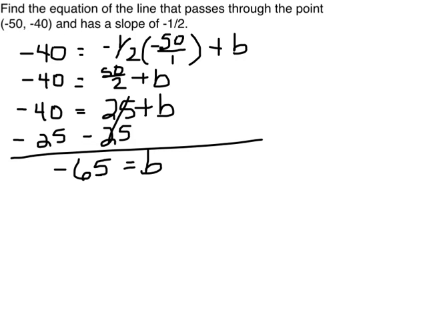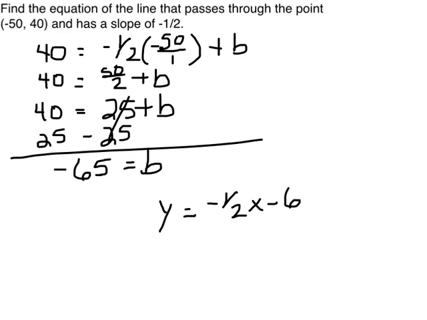So then the equation of this line that passes through this point would be y equals negative 1/2 x minus, sorry about that. I had that written incorrectly. It's not negative 50, negative 40. It's positive 40. So here, I'm going to do everything on the right-hand side the same.